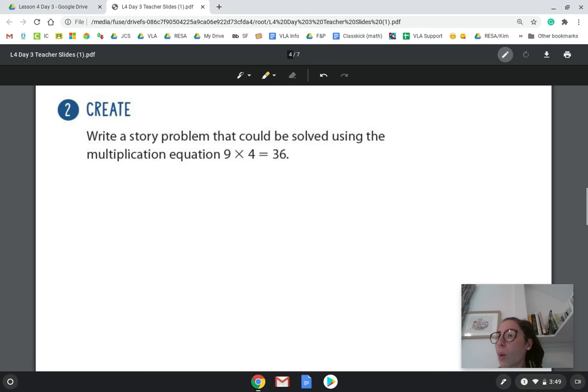You've seen them before, but what we're going to do is create a problem with words that shows 9 times 4 equals 36.